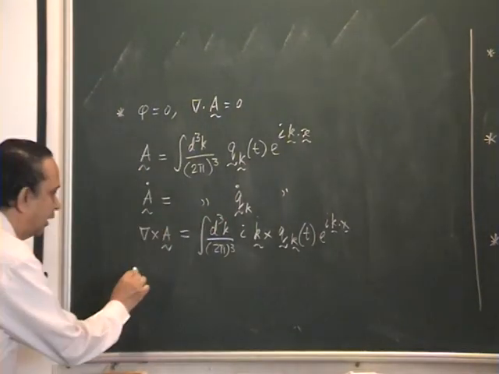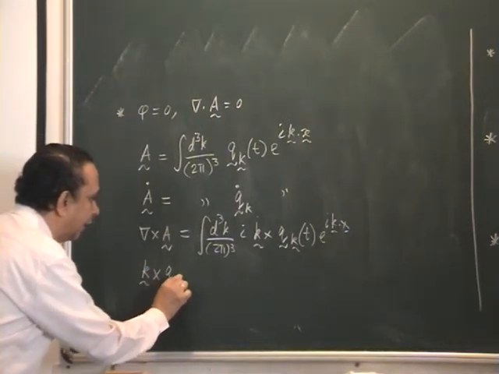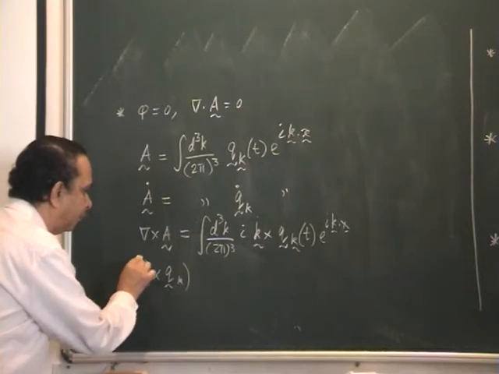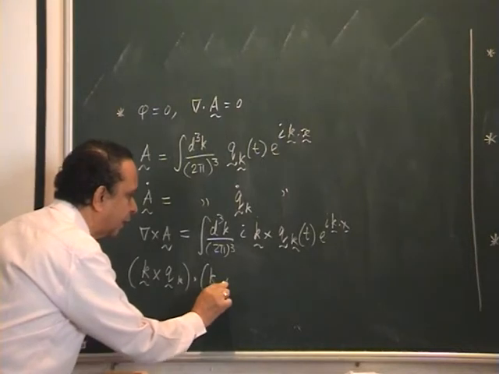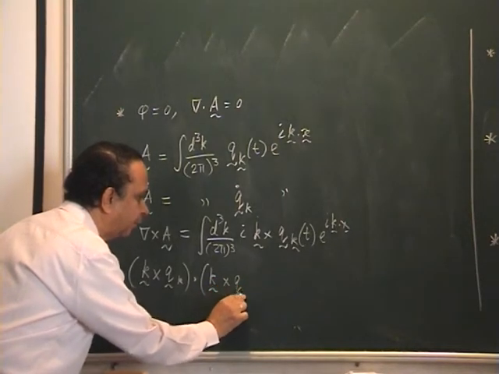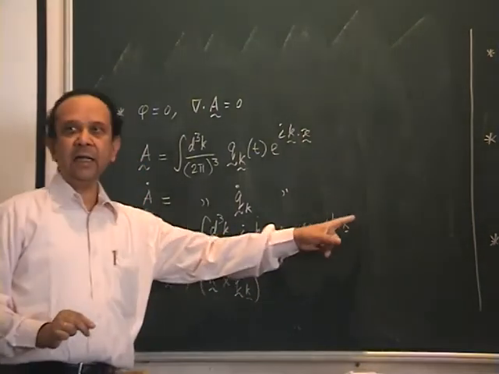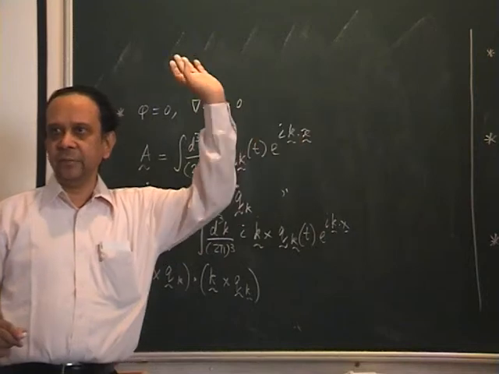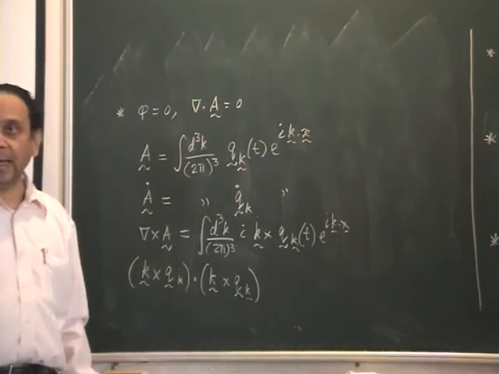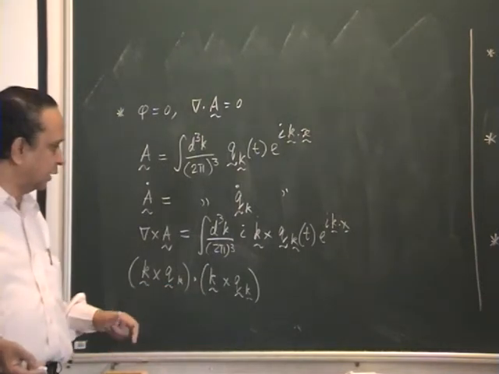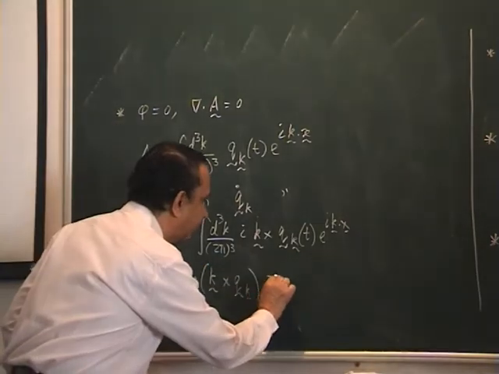That dot product will involve k cross q_k dotted with another k cross q_k. Of course, originally it will be k and k prime, but there is an e^{i k·x} and e^{i k'·x}, and they are integrated over all d^3x. That will give you the Dirac delta function. So this is what you will have. You can circle it around, use the cyclic identity, and get it in terms of q_k.